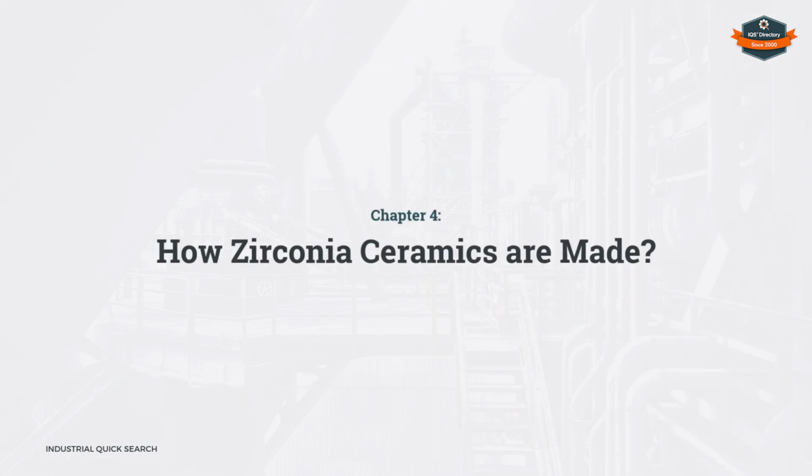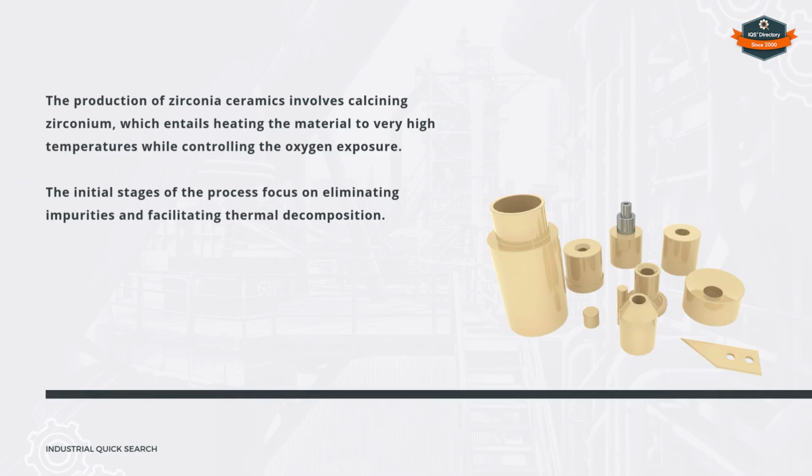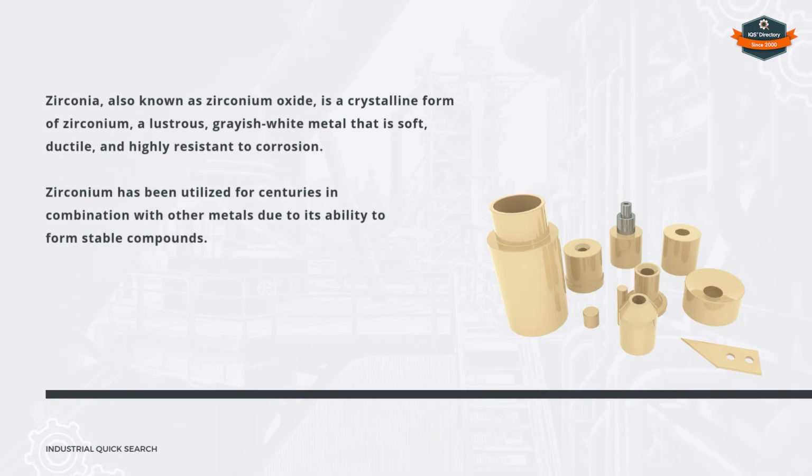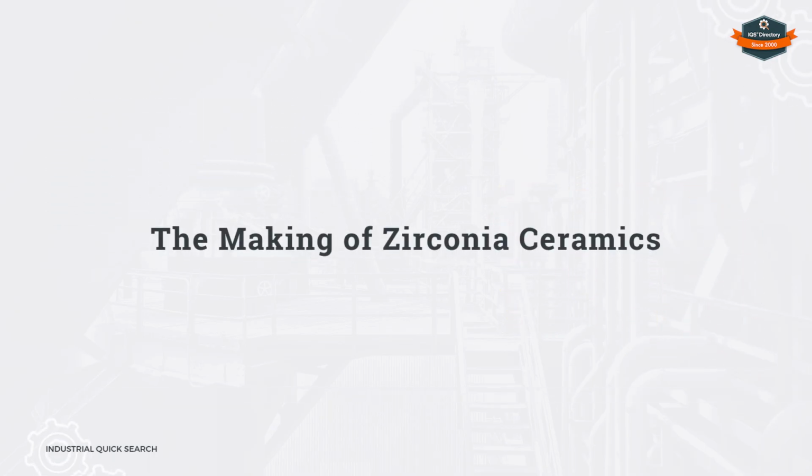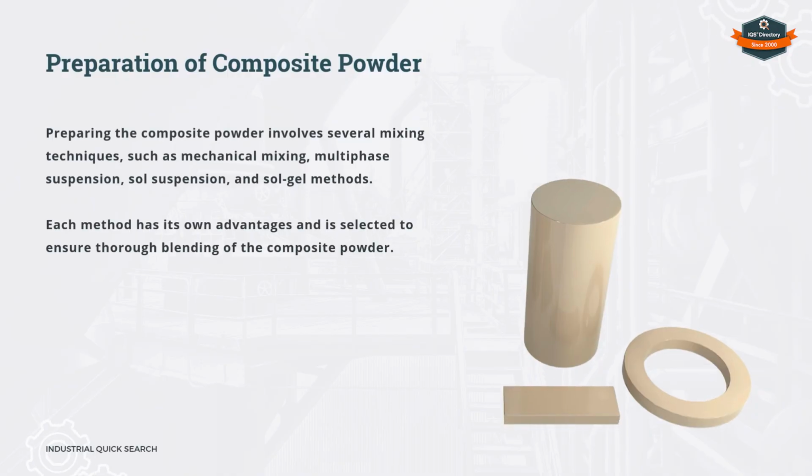Chapter 4: How zirconia ceramics are made. The making of zirconia ceramics. Preparation of composite powder.